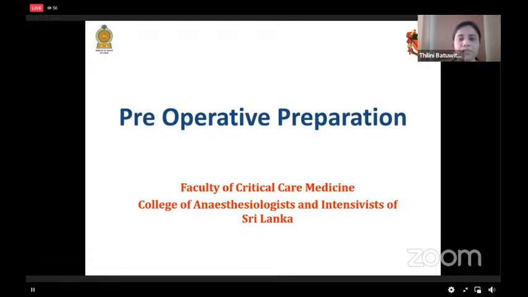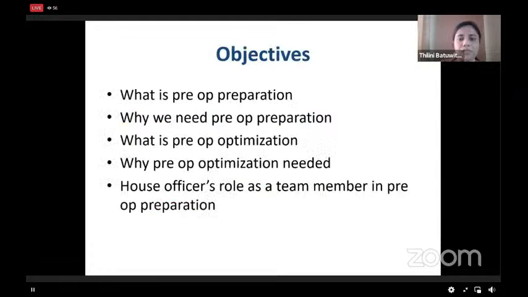The objectives we will be discussing within the next half an hour are: what is pre-op preparation and why we need it, if there's any problem how we are going to optimize the patient and why this optimization is needed, and overall, what is the house officer's role as a team member in the pre-operative preparation.